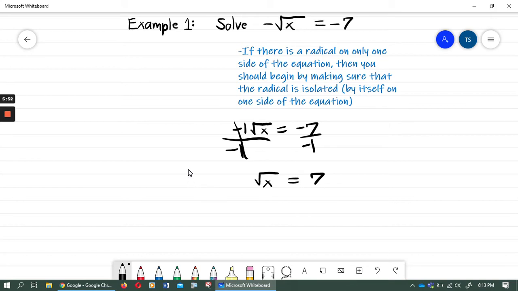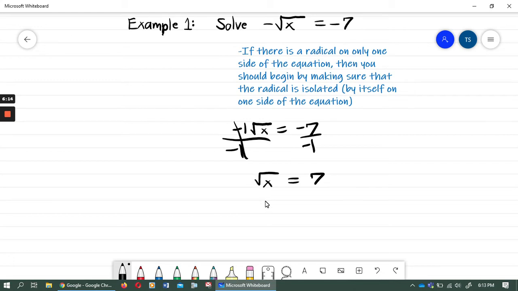But when we square this, because a square and a square root are inverse operations, that square and the square root will cancel each other out. And that's what we want to happen, because we technically will not have x all the way by itself unless we can get this square root to cancel.